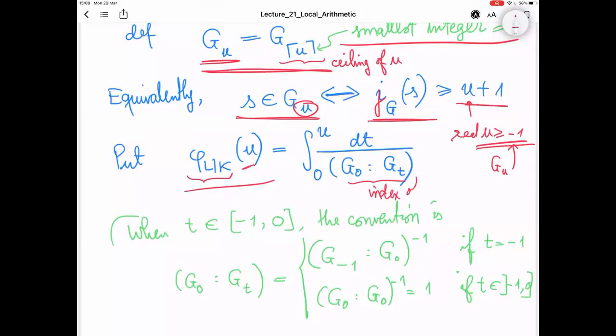index of the subgroup G_T in G0. Now, that is true if T is greater than 0, then of course, G_T is actually a subgroup. So there's nothing to explain.